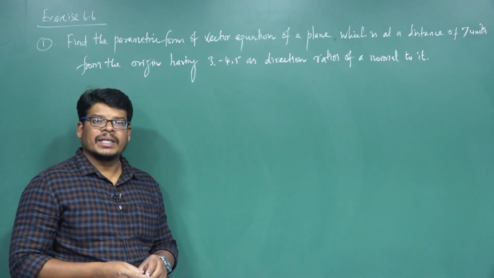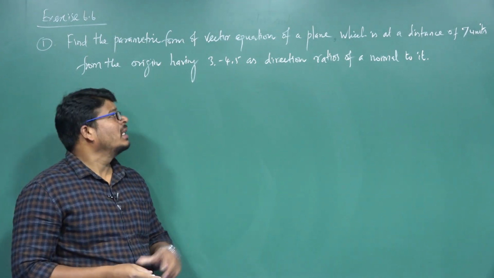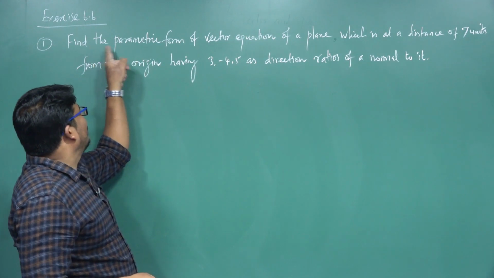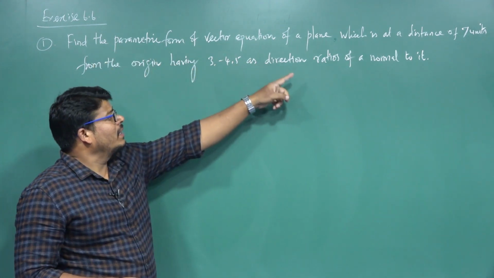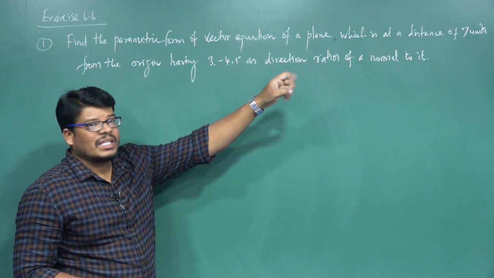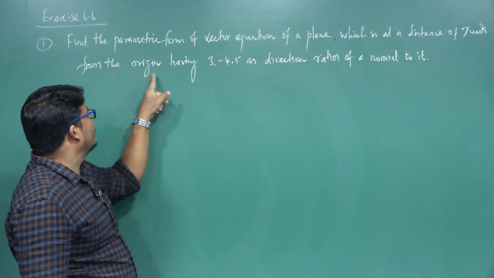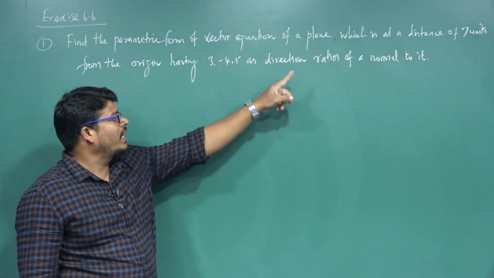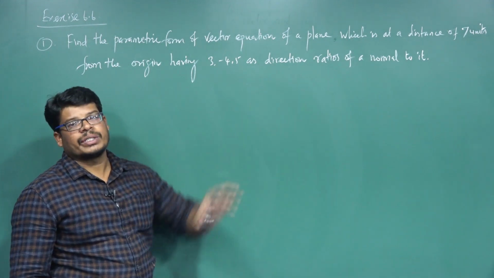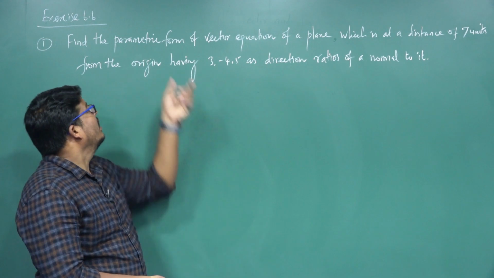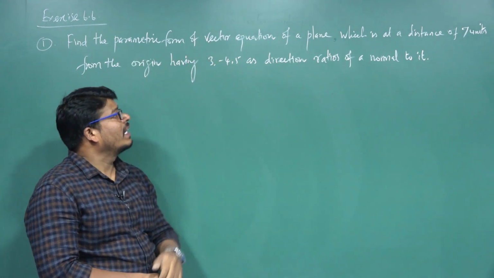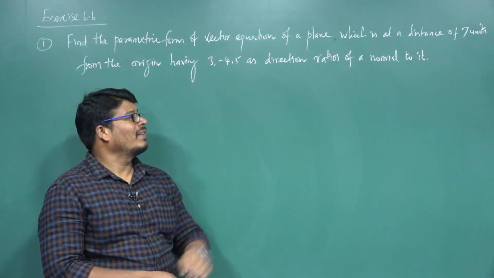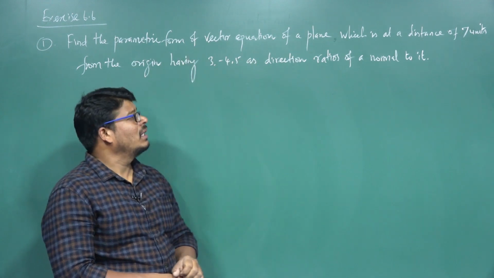Now discuss exercise 6.6 problems. First one: find the parametric form of the vector equation of a plane which is at a distance of 7 units from the origin, having 3, minus 4, 5 as the direction ratio of a normal to it. Find the equation of the plane in vector form.